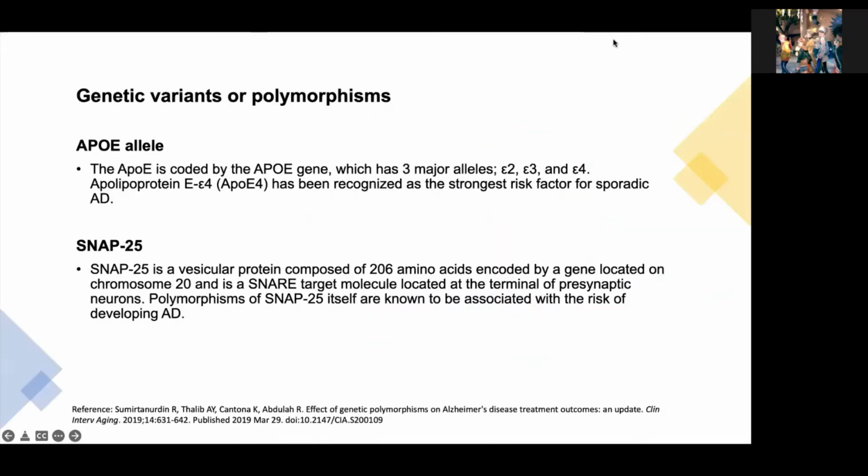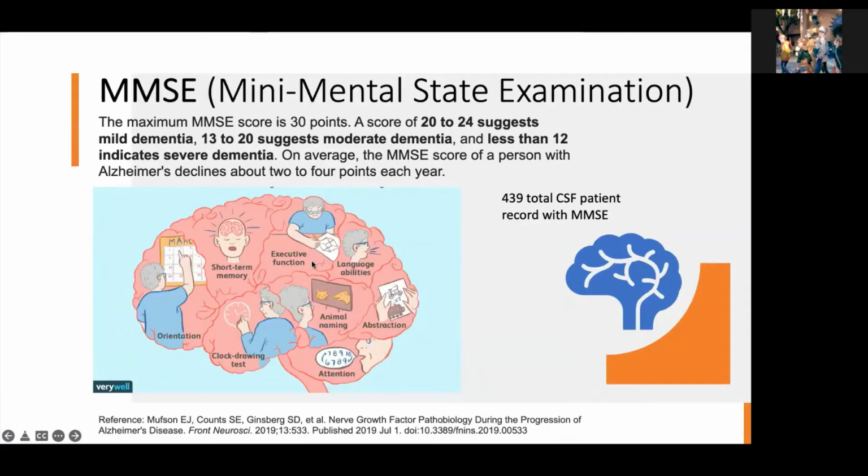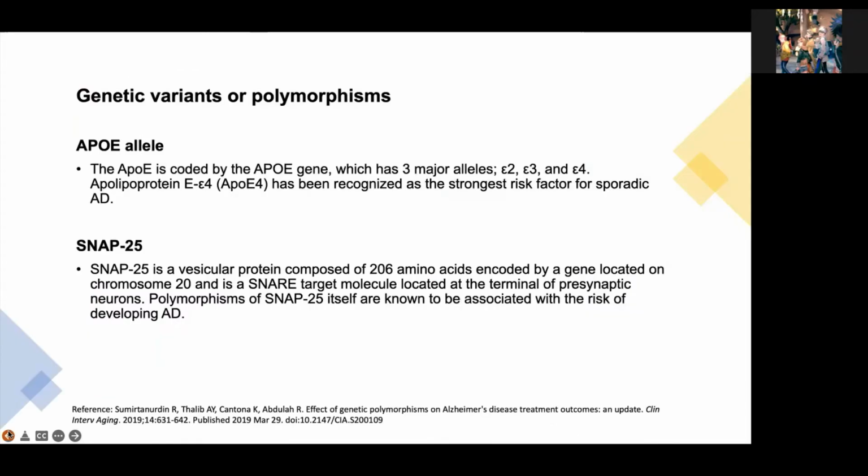And here is what I saw inside our Excel sheet. I was specifically able to see SNAP25, and this allele and SNAP25 appear in the form when they ask about the allele according to AD.